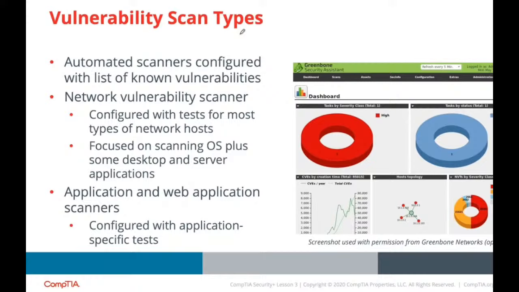Like the one you can see on the screen, OpenVAS, the Greenbone OpenVAS. GFI LanGuard is there. Those work for the network, designed to touch the network hosts, including client PCs, mobile devices, servers, routers, and switches.